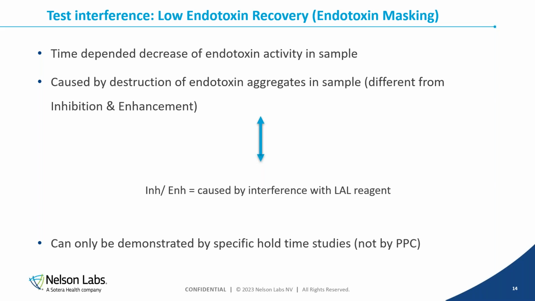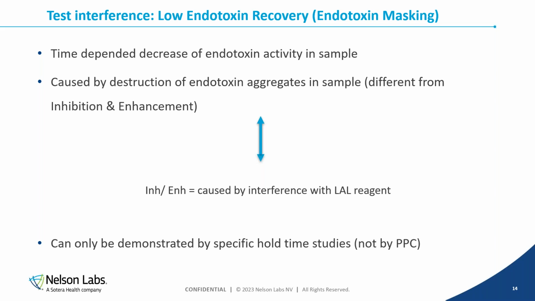Inhibition is any substance that might interfere with the proper working of the test enzyme, factor C. You won't notice endotoxin masking if you just perform inhibition and enhancement testing.